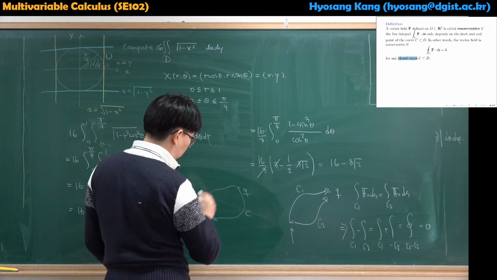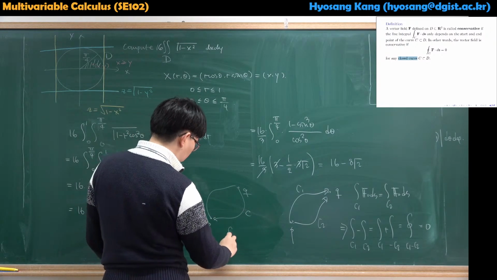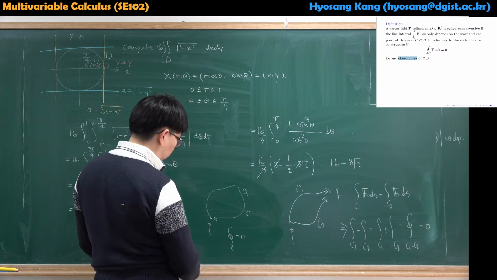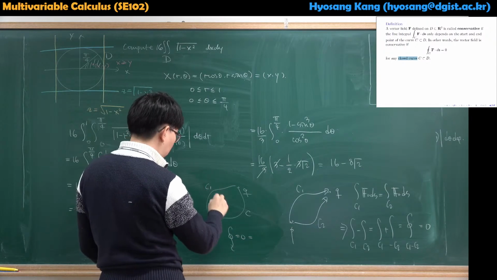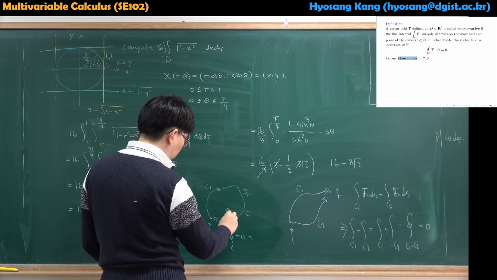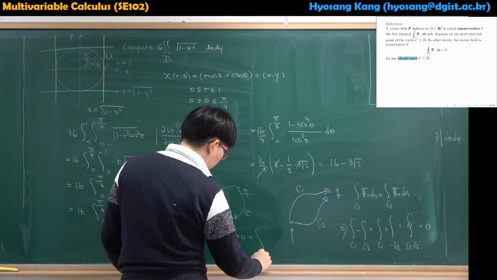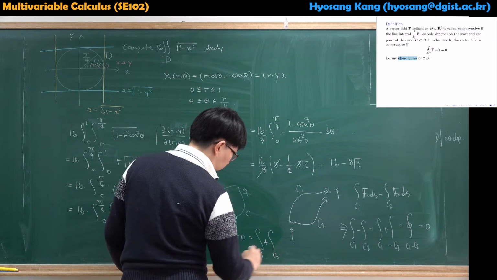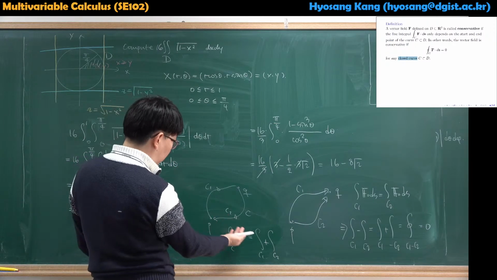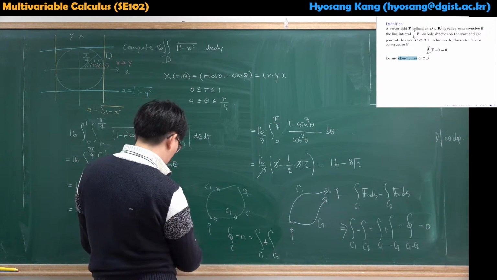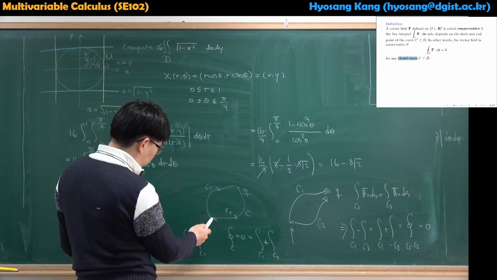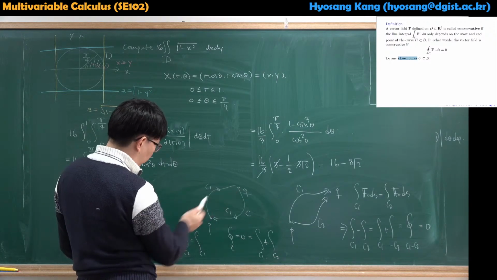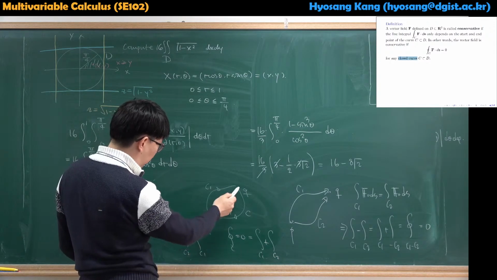So this is our circular path C. This is closed, so we know that this is always 0, but we can also rewrite this C into two pieces, C1 and C2. It means that C1 plus C2 is always 0. So let's take the C2 integration to the left-hand side. We get minus C2 equals the C1 integration. That means that the C1 integration from P to Q is equal to the negative of the integral from Q to P.